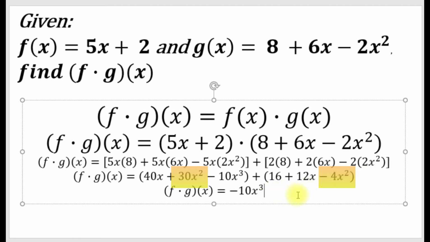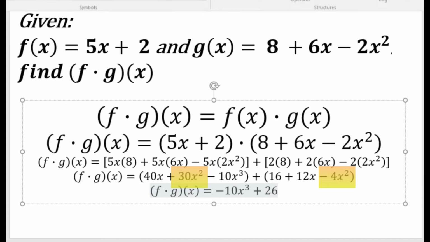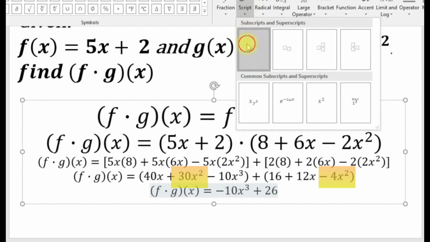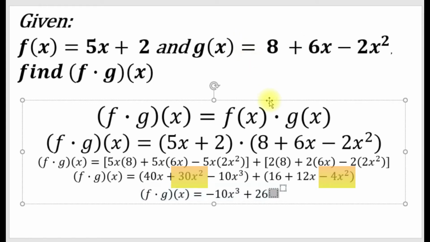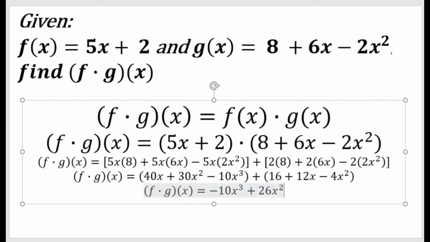So we'll have plus 26x squared. And then 40x plus 12x, that's plus 52x.